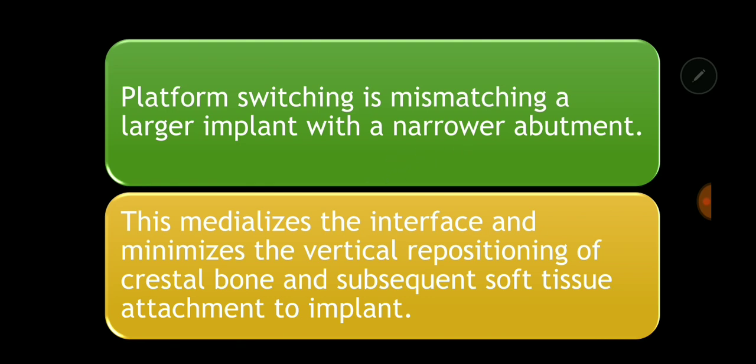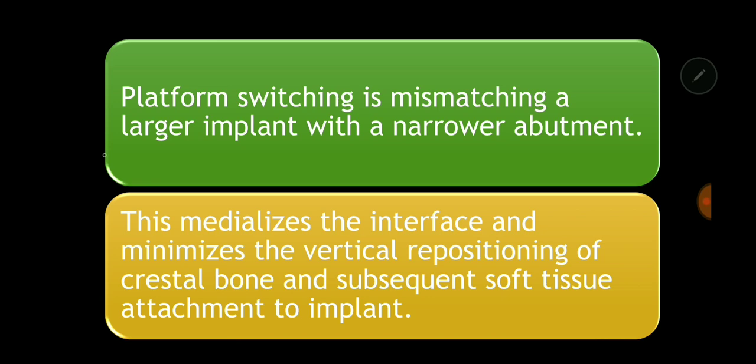And usually what this does is it medializes, it moves the interface of the implant medially, and minimizes the vertical repositioning of the crest of bone and subsequent soft tissue attachment to implant.